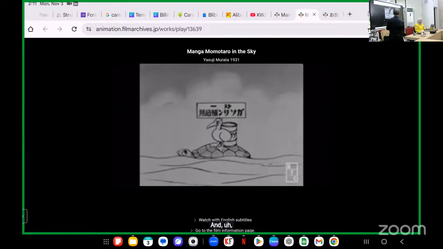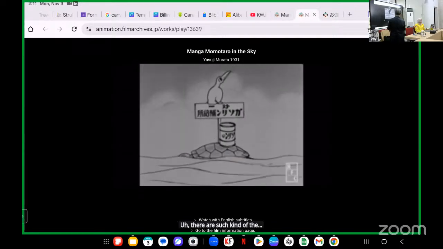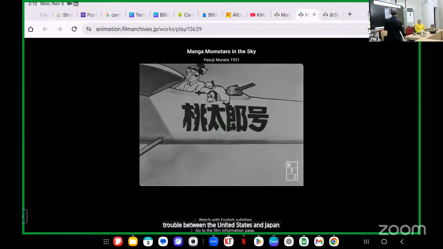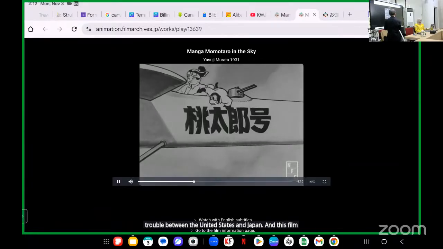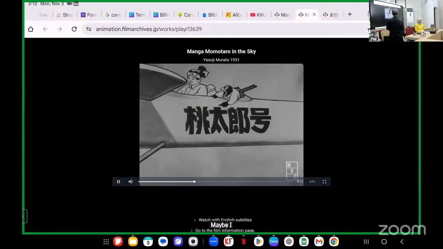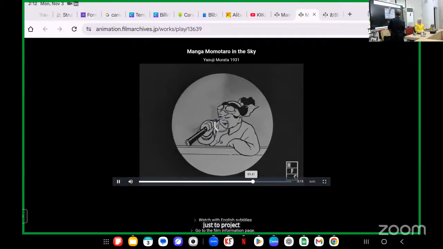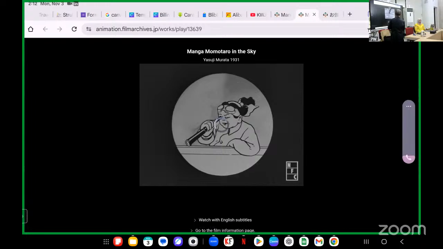And this reflects, I think, serious trouble between the United States and Japan. And some people point out this eagle projected the Japanese image of the United States in the 1930s.